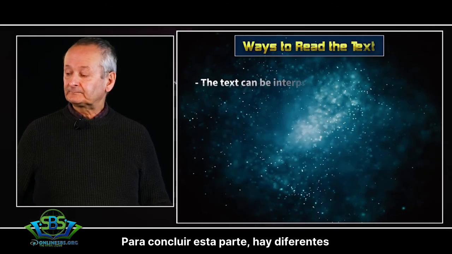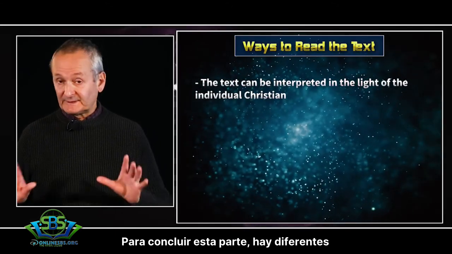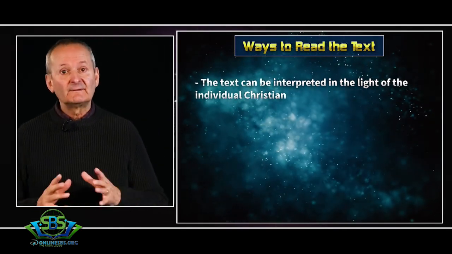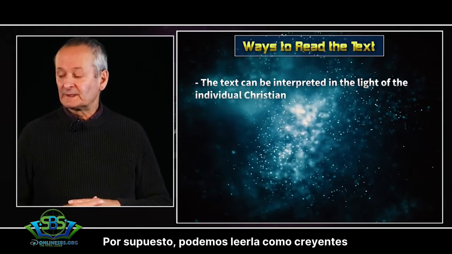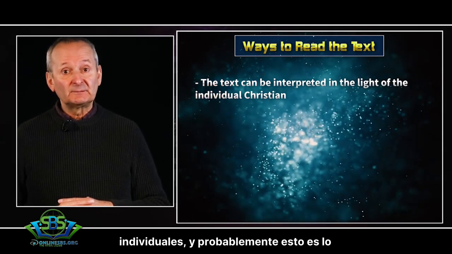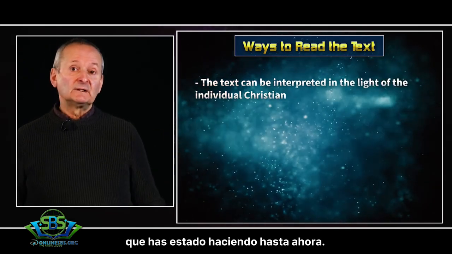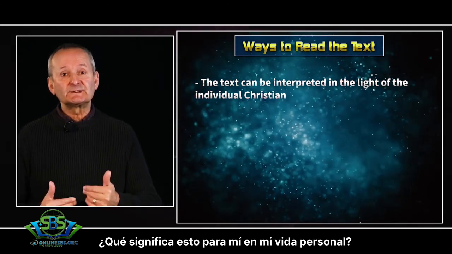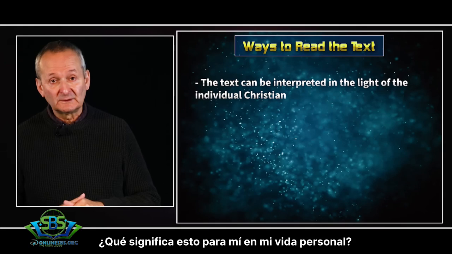And so, just to conclude this particular piece, different ways that we can read the law. Of course, we can read it as individual believers, and this is probably what you've been doing up to now. You can read it with that question, what does this mean to me in my personal life?